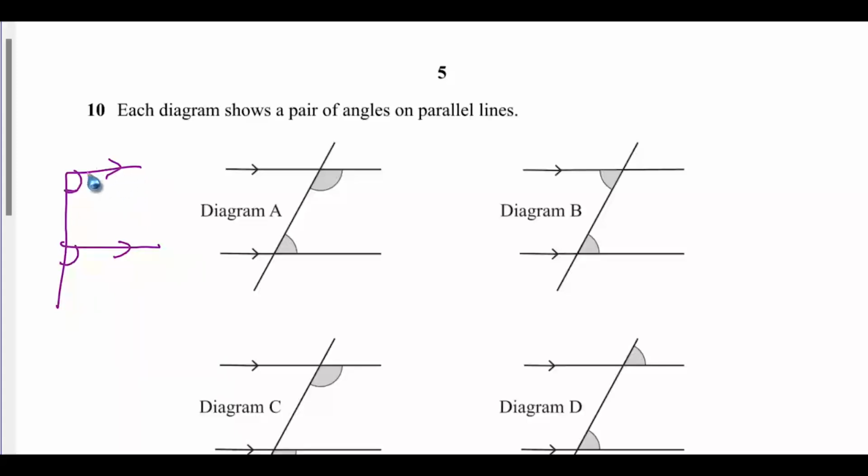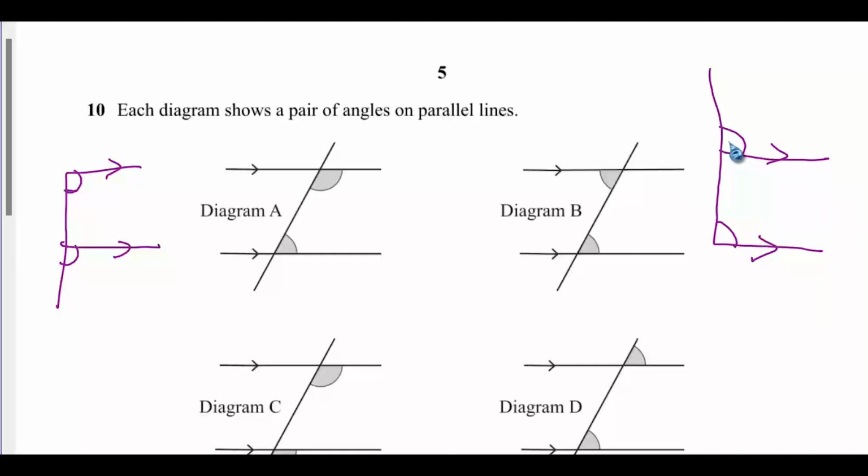So this will be your letter F. If you invert the letter F, you have something like this. This is a parallel line, this is another parallel line. You could have something like this here, and you have another one here. So that is one way you can use to get your corresponding angles. Another way would be to look at the angles.